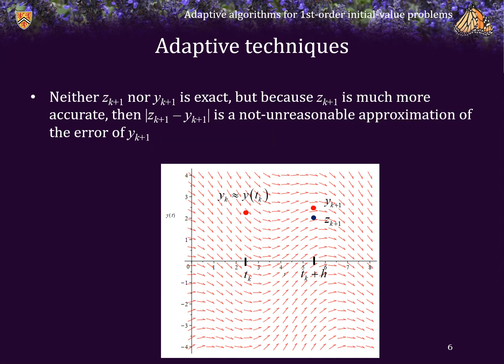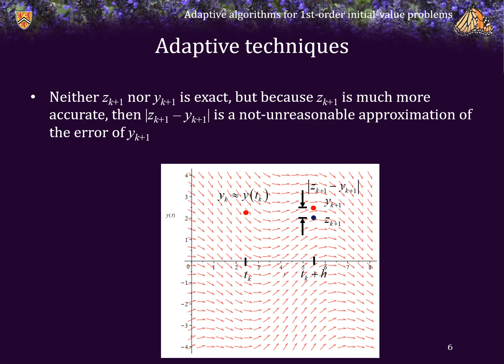Now, neither z_{k+1} nor y_{k+1} is exact, because they are both approximations using 2 different algorithms. But if our choice of algorithm is such that z_{k+1} is much more accurate, then the absolute value of the difference between z_{k+1} and y_{k+1} is not an unreasonable approximation of the error of y_{k+1}.